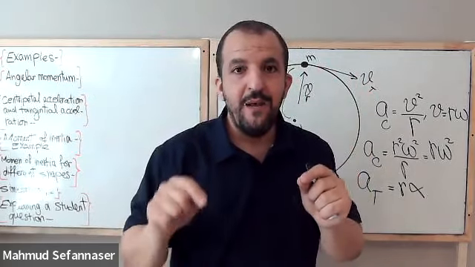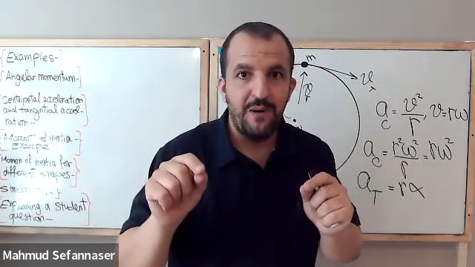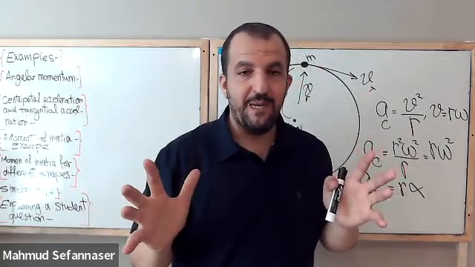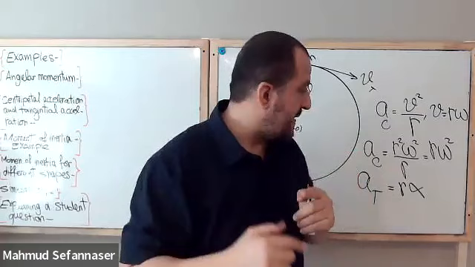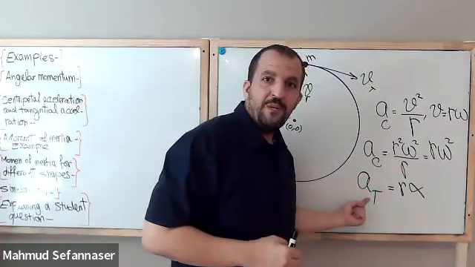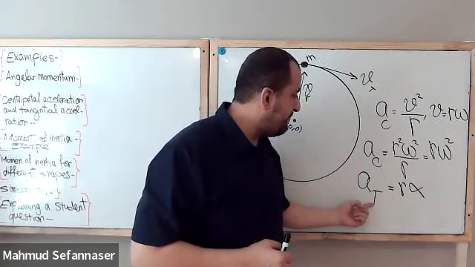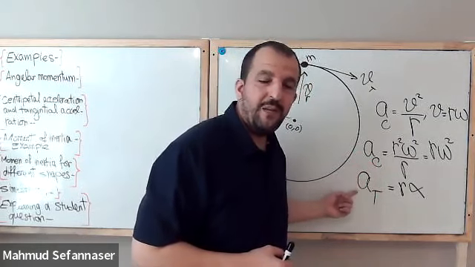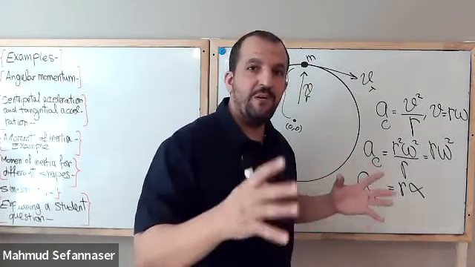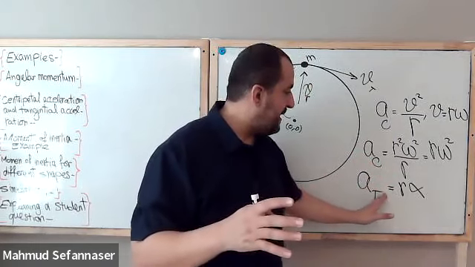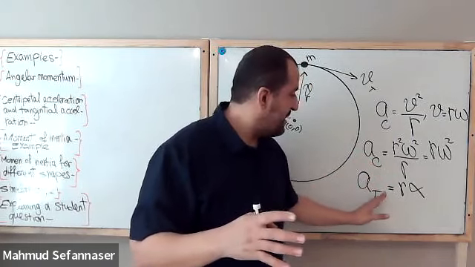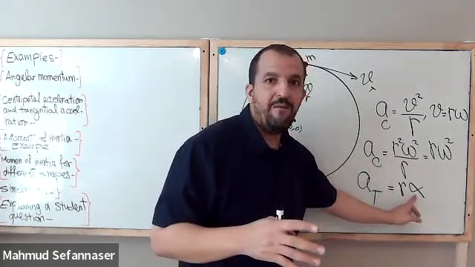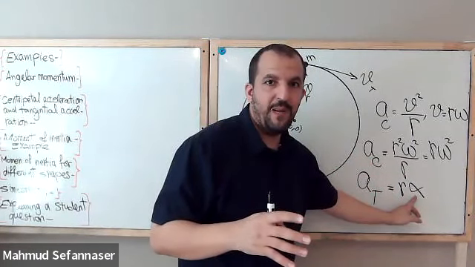So what does that mean? That means the position vector will change because we are considering different particles in this rigid body. And since r is changing, you need to consider this a_t. So the linear acceleration for all of the particles of the rigid body should be different, because for particle number one, we have position vector number one times alpha, the angular acceleration for particle number one.